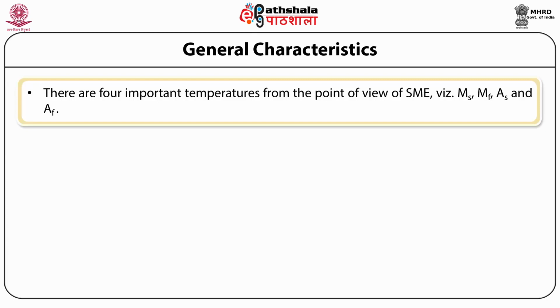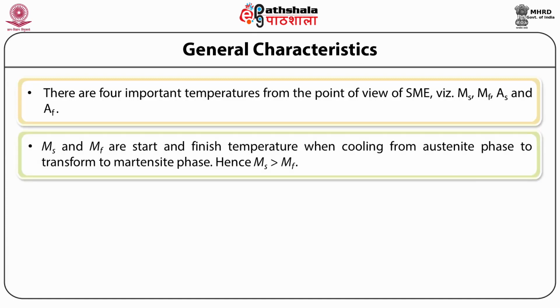MS and MF are nothing but the start and the finish temperatures respectively when cooling from the austenite phase to transform to the martensite phase.